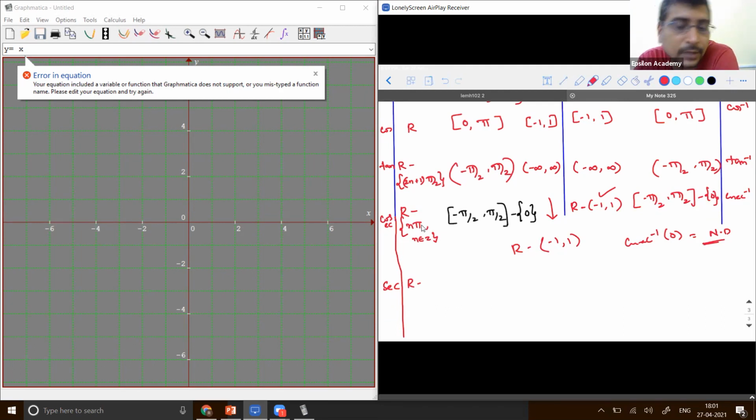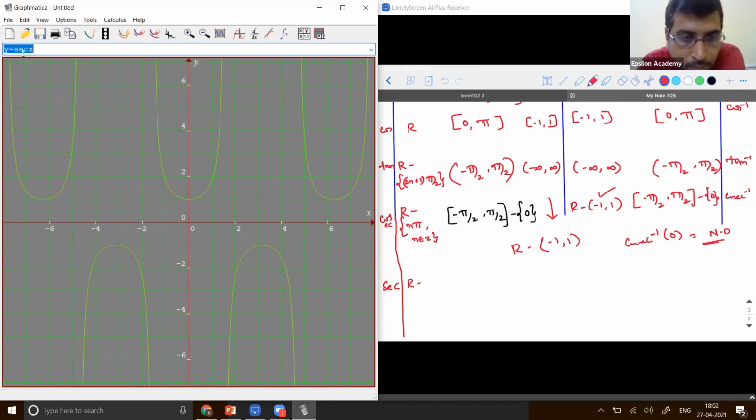Okay, secant, tell me now. You want me to show the graph? Yes, sir. Secant x. This is the graph for secant x. So the domain will be any real number except the places where, what is secant x?